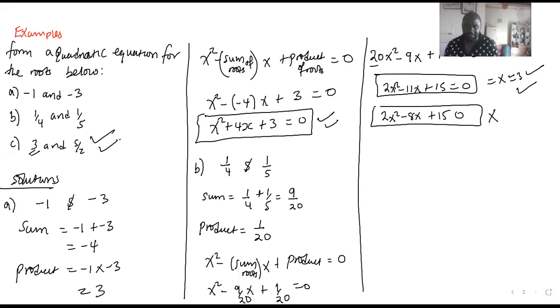So check out something. You must have missed out something in the middle. Have you seen your error? If I show it to you, it would have been x squared minus the sum, which is 3 plus 5 over 2, of x plus the product, which is 15 over 2. This is 6 plus 5, 11.